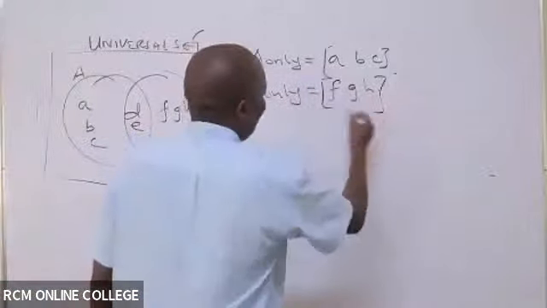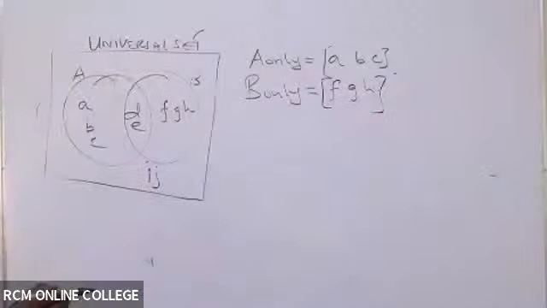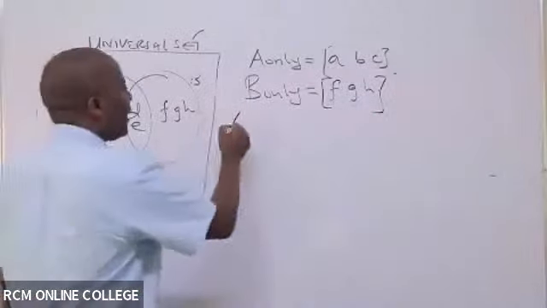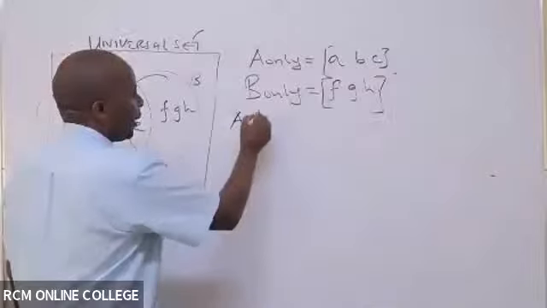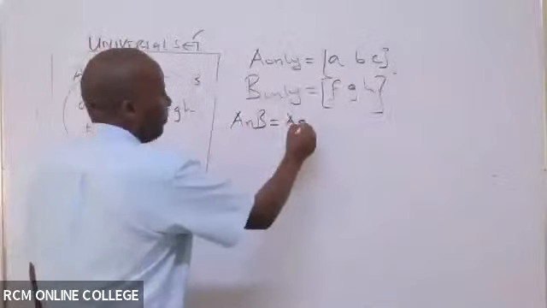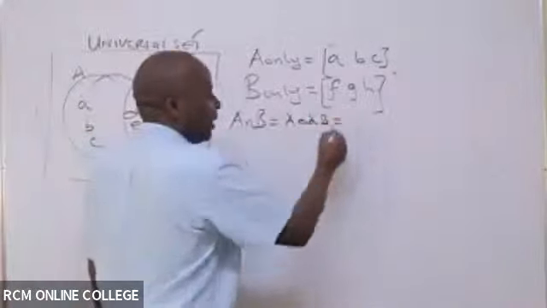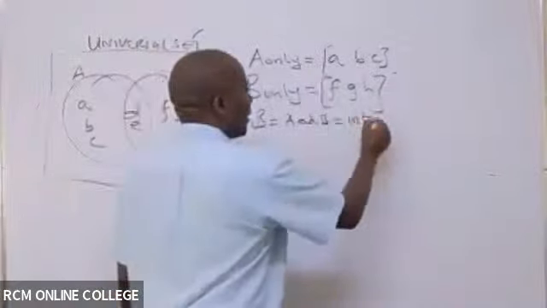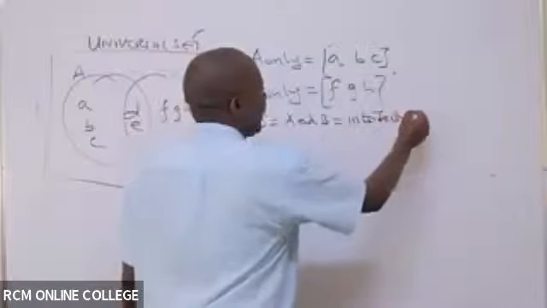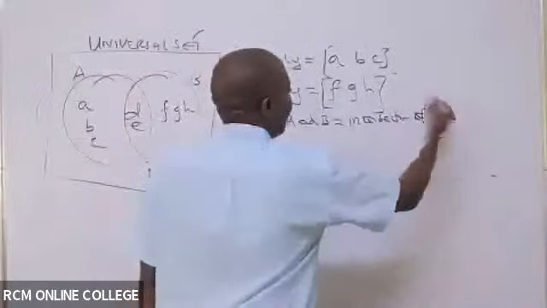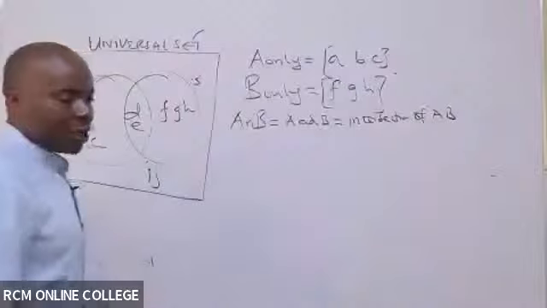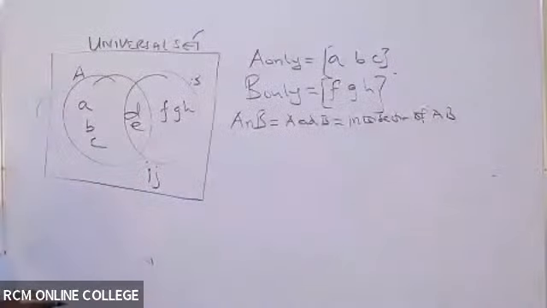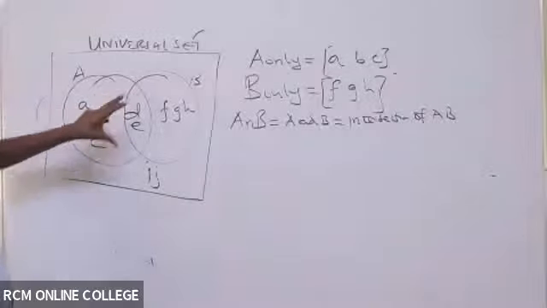And then most importantly, what if somebody wants A and B? We call it like this: A and B. This is the intersection, the members that are in between, the intersection of A and B. So when they talk of A and B, always think about the intersection.